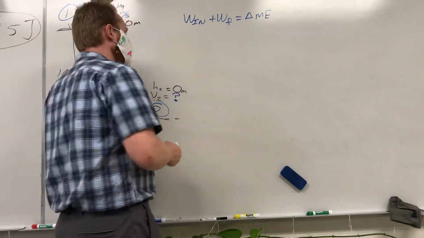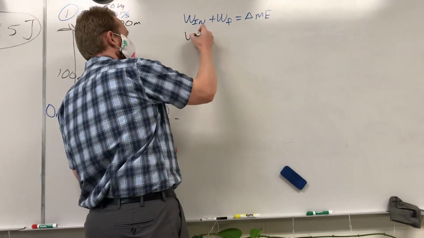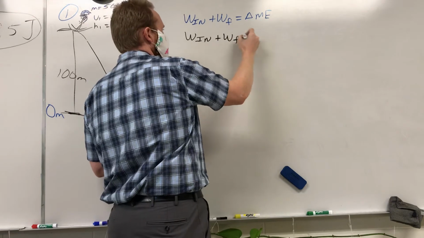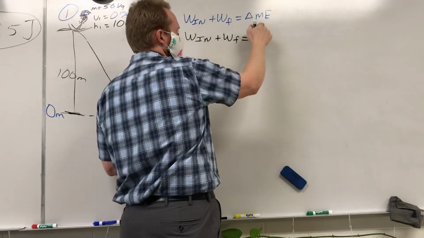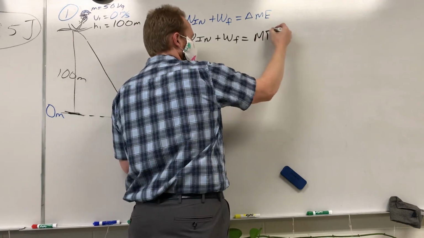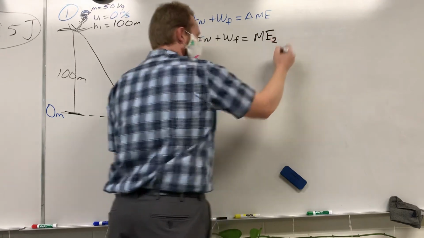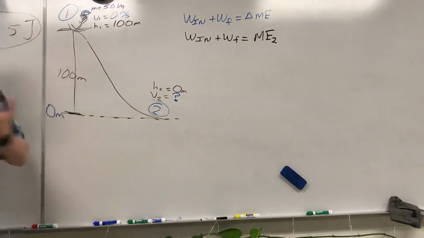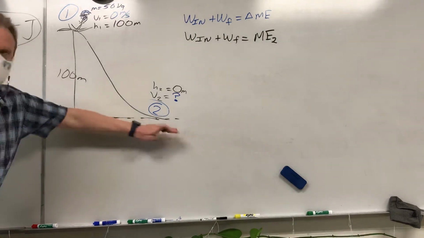I'm going to do one more line before I start canceling some stuff. I'm going to say work in plus work done by friction is equal to change in mechanical energy. What that change in mechanical energy means is: what is my mechanical energy at the end? How much mechanical energy do we have at location 2? That's exactly what we just did 6 times. We found the mechanical energy at a location.